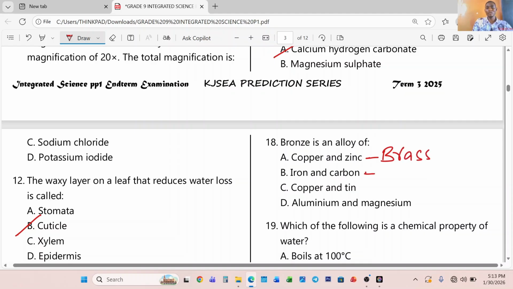Iron and carbon gives us what we call mild steel. Then we have copper and tin. This is what gives us bronze. Aluminium and magnesium basically do not give us any form of alloy. So the correct answer to this question is C.